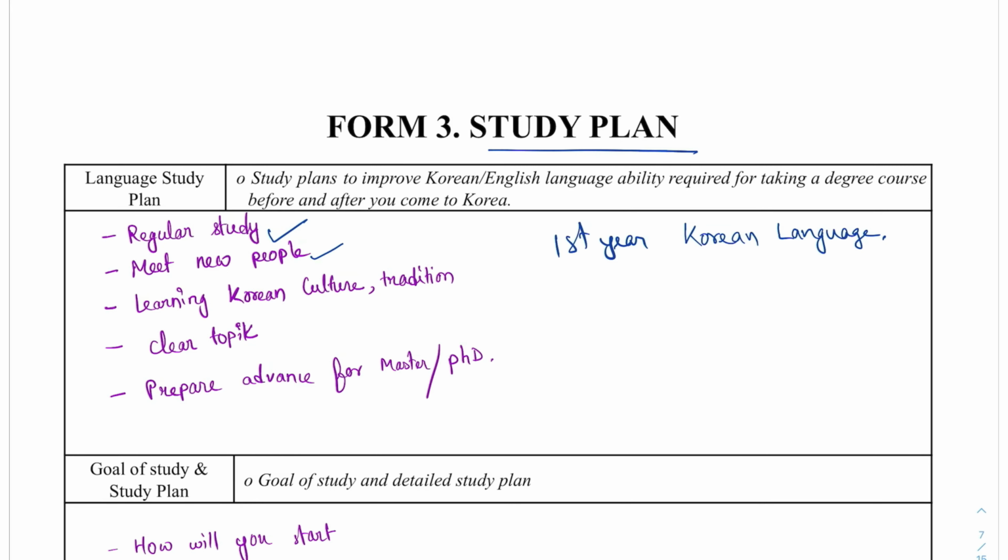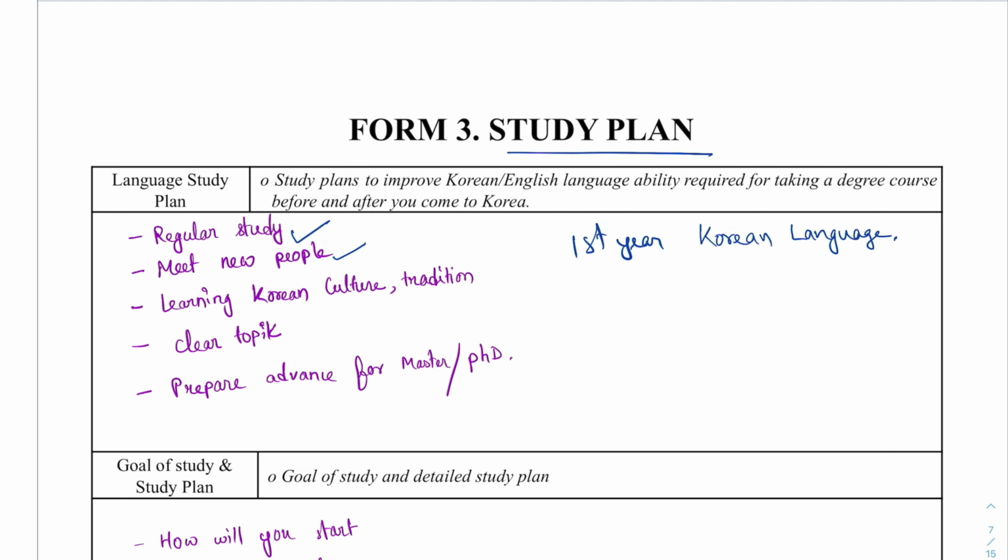Key points you can mention: study regularly to gain more knowledge, meet new people in the dorm and outside, meet Koreans and other foreigners and stay in good touch with them, learn Korean culture and tradition, and watch dramas and Korean movies to improve your Korean.